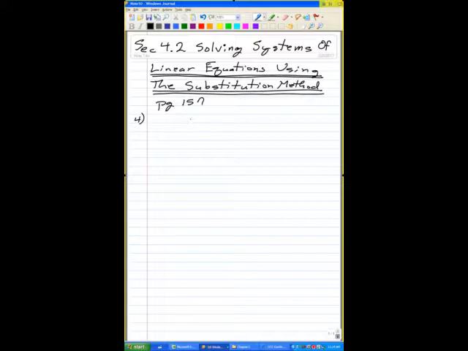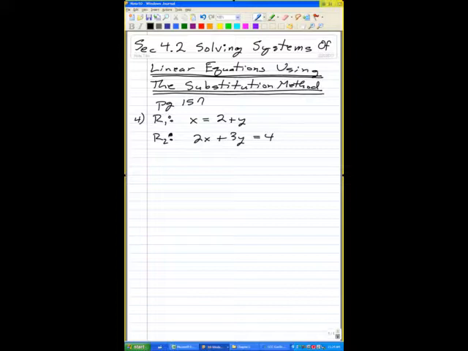So x equals 2 plus y, and let's say 2x plus 3y equals 4. Let's call this equation 1, and let's call this equation 2. So the idea of the substitution method is that we're going to pick one of the equations and solve one of these equations for one of the variables.